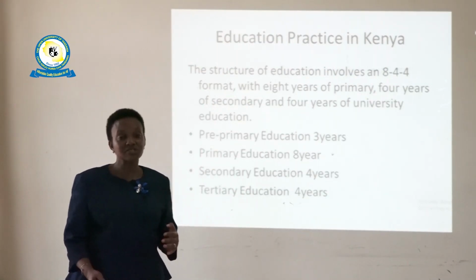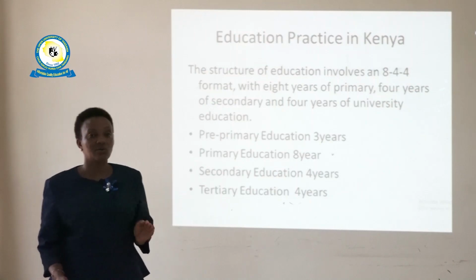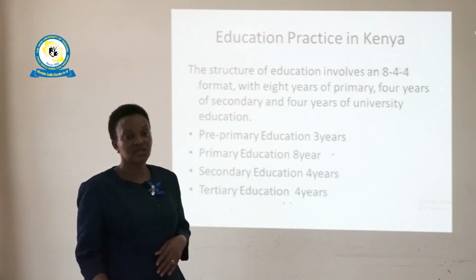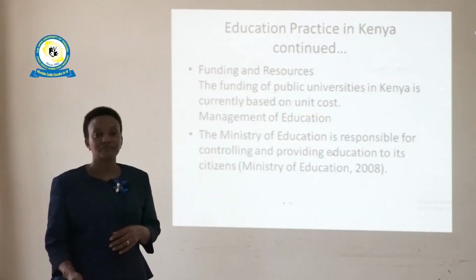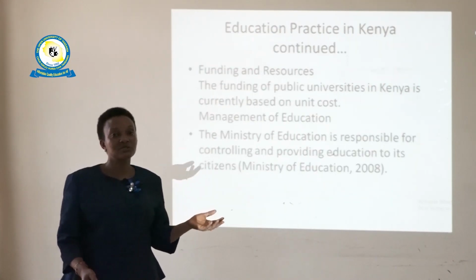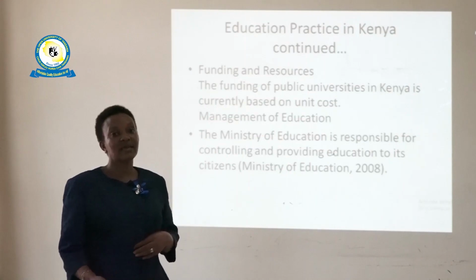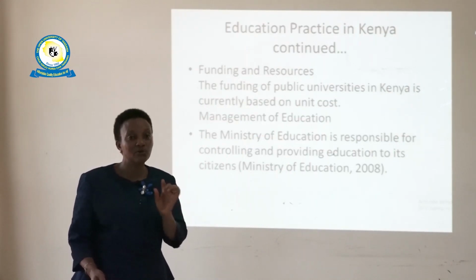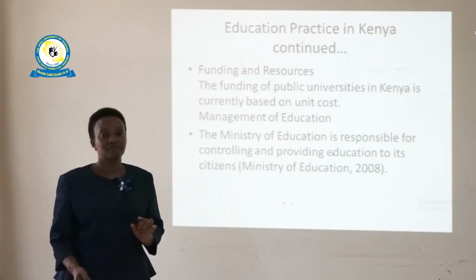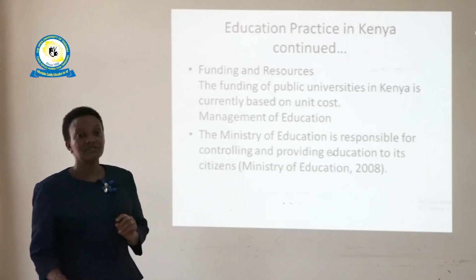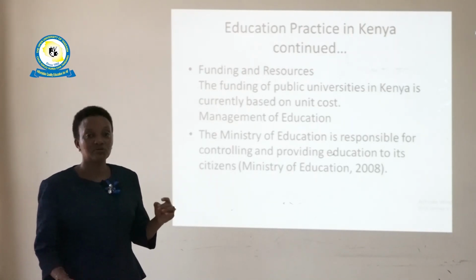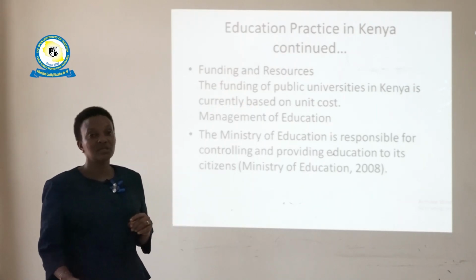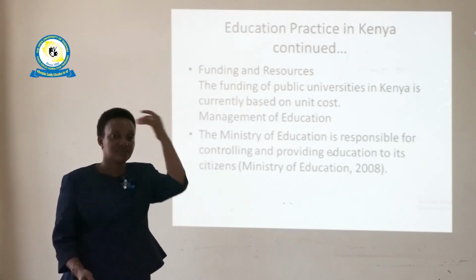There is primary education of 8 years, secondary education of 4 years, and tertiary education of 4 years. Funding and resources: the funding of public universities in Kenya is currently based on unit cost. The management of education: the Ministry of Education is responsible for controlling and providing education to its citizens.